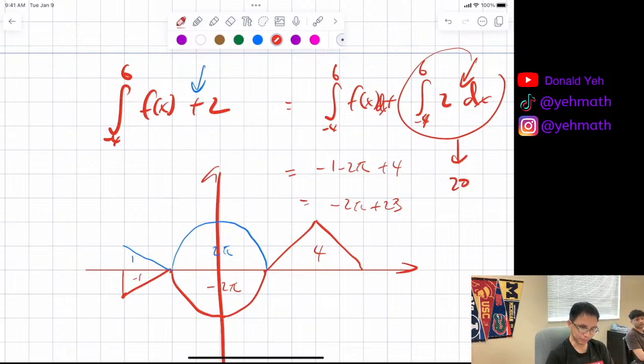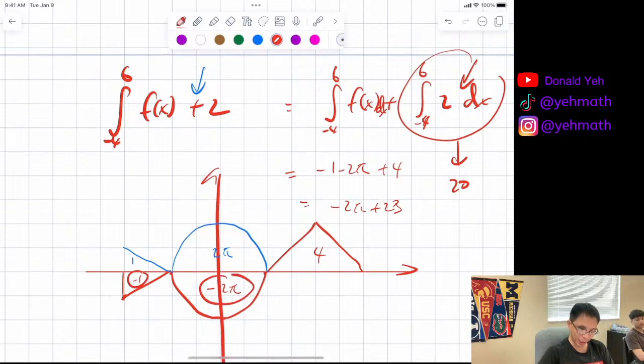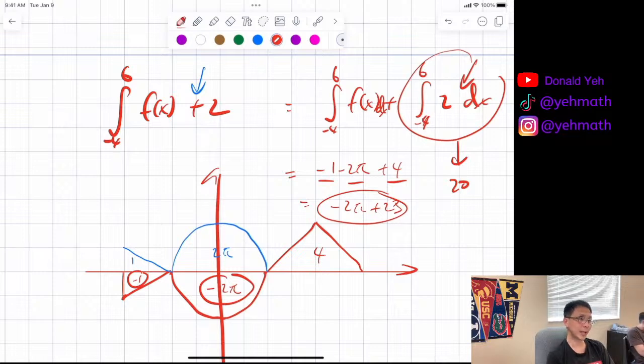So that's going to be 20. But since this is -1, -2 pi, it'll be -2 pi plus 4 plus 20. So your answer should be -2 pi plus 23, because they are below the x-axis, so it should be negative. For E, it's going to reflect the negative part to the upper part. So it's going to be 5 plus 2 pi for 47E, because you reflect the negative part of the circle to the positive part of the circle.